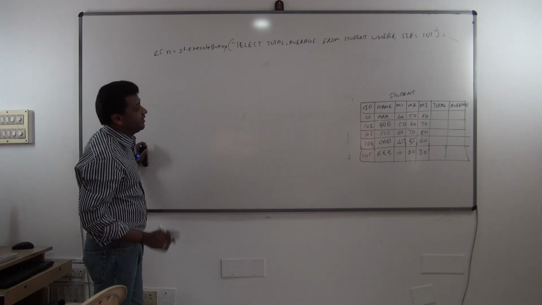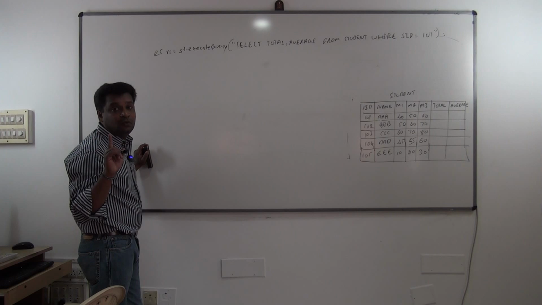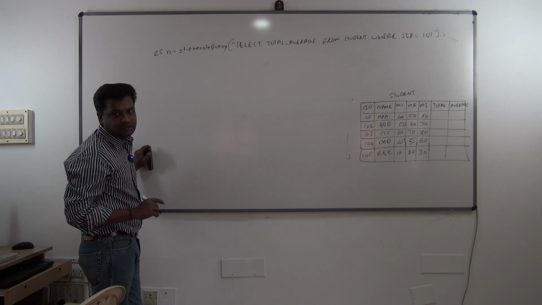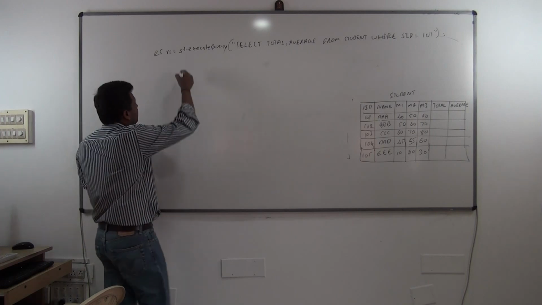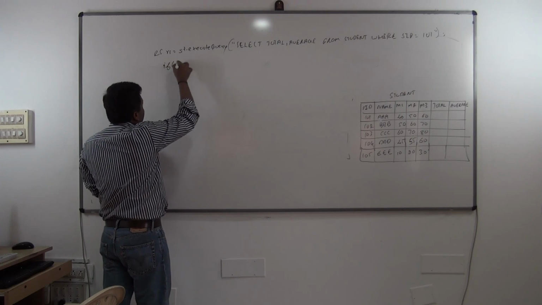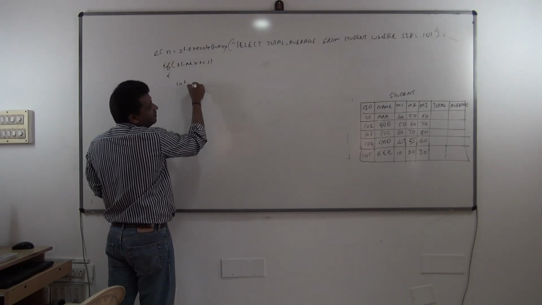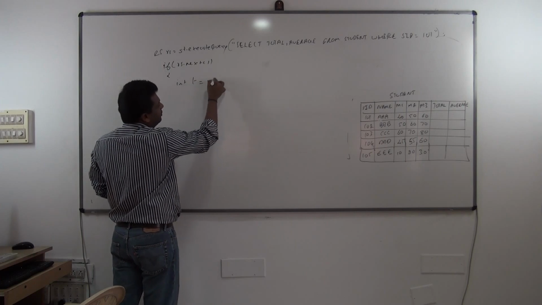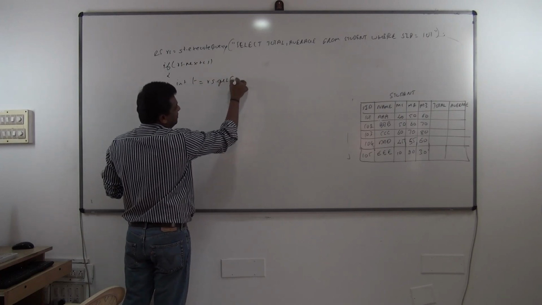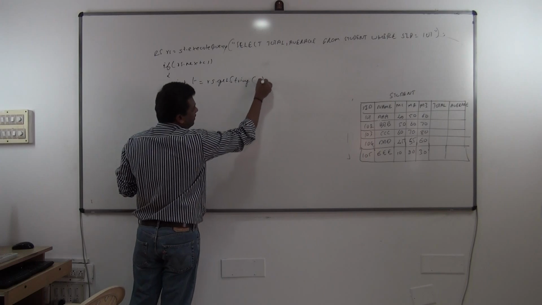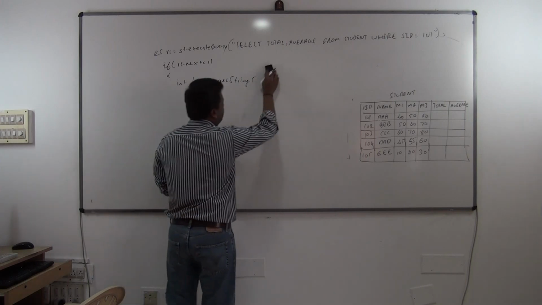Once you get the result set, we will have one row, two columns. How will I get the values? If rs.next(), then int t = rs.getString(1). First column, no?